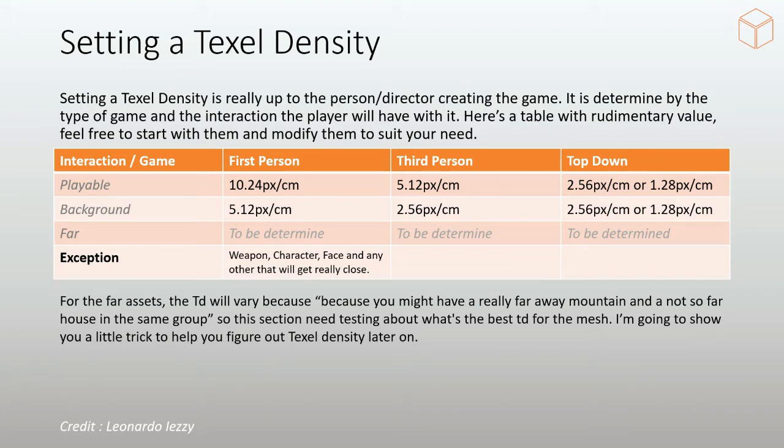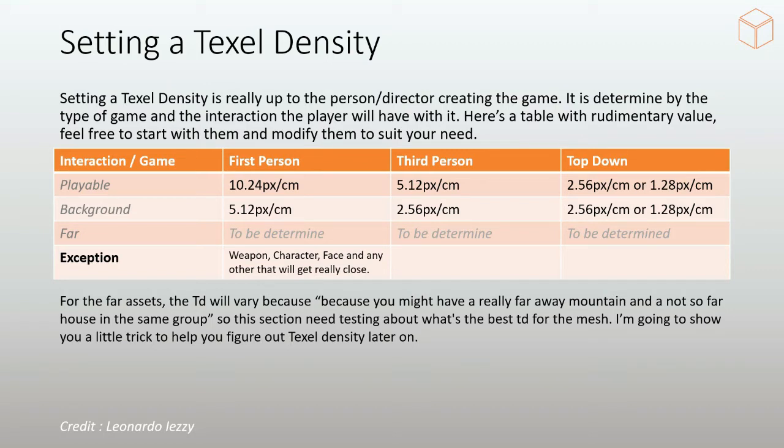So this is pretty simple. The playable section means that it's going to be the meshes that are most likely going to be in interaction a lot with the player. The background is going to be stuff that is spread out, not necessarily in relation with the player, but is going to be a good part of your scene.